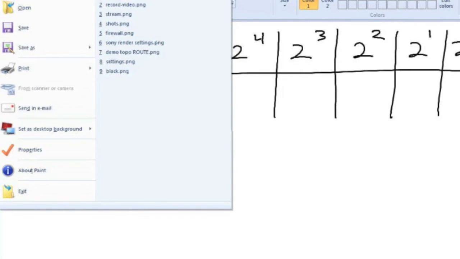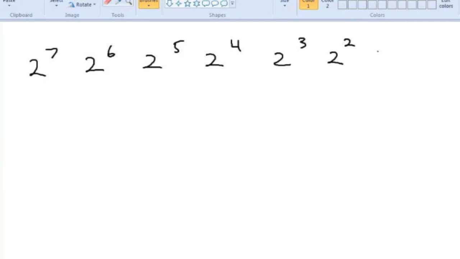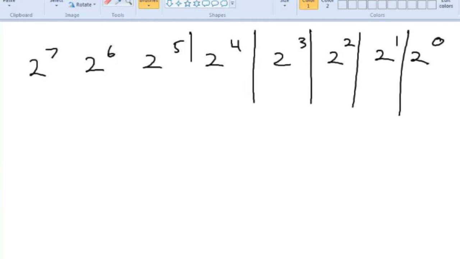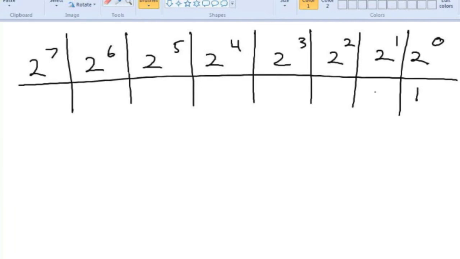Hold on. All right, I need to start right here. There we go. And notice how quickly I can get this built. 1, 2, 4, 8, 16, 32, 64, 128.